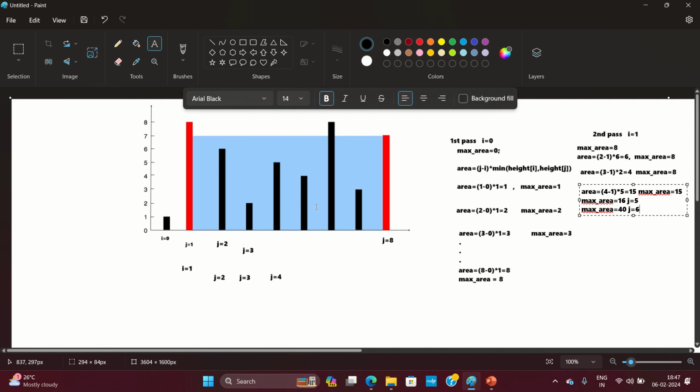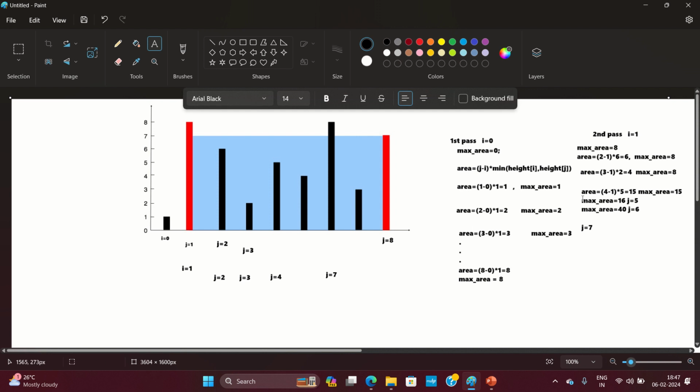At j is equal to 7, just imagine it here. 7 minus 1 is 6, and 6 into 8, that is 48.